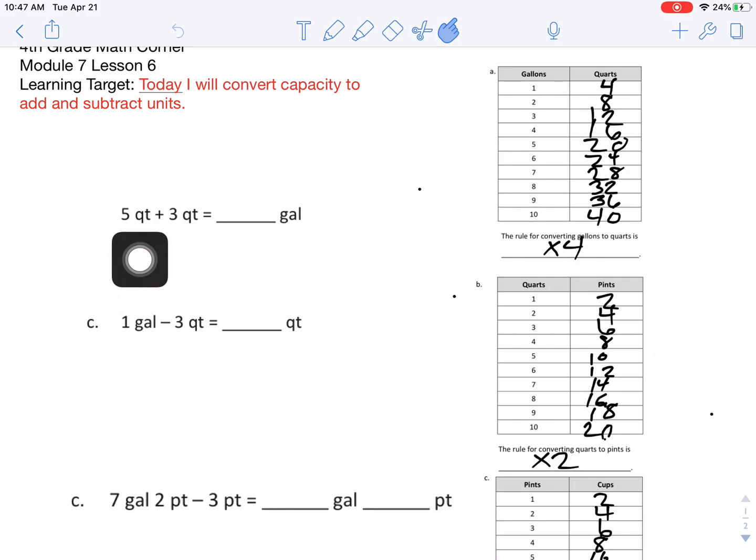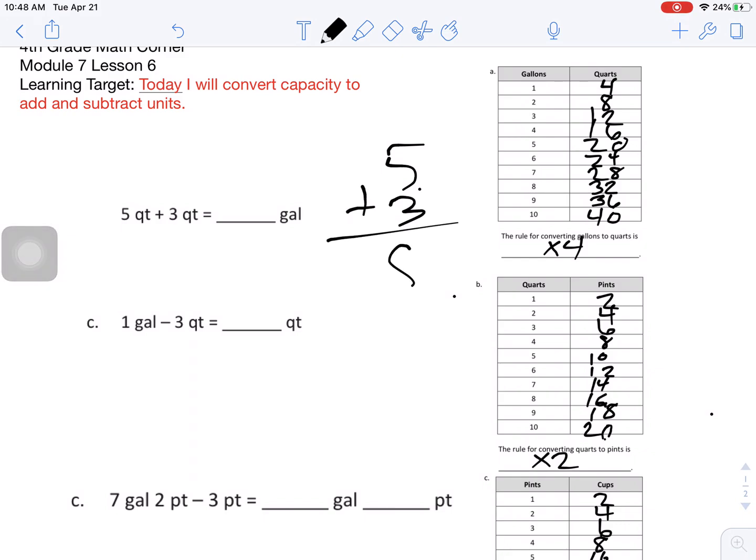The first one says 5 quarts plus 3 quarts equals blank gallons. Since the units are the same, I can add them and then convert to gallons. So 5 plus 3 equals 8, and these are quarts. I need to find out if I have 8 quarts, how many gallons is that?